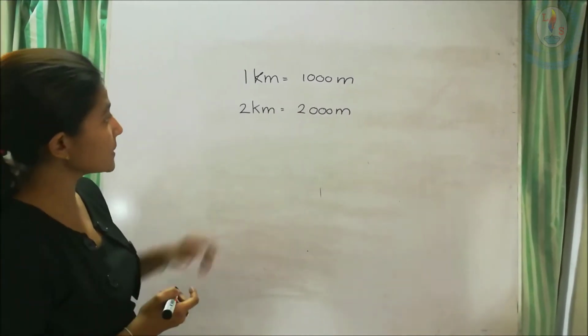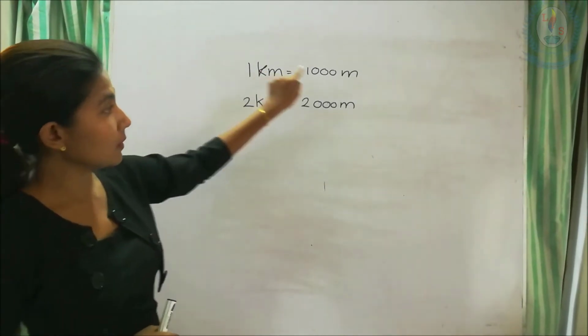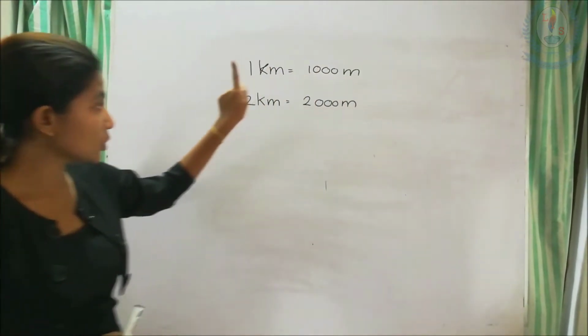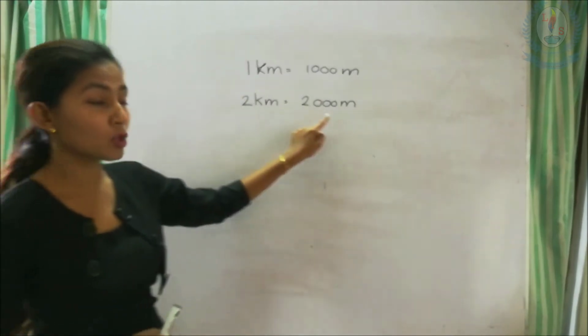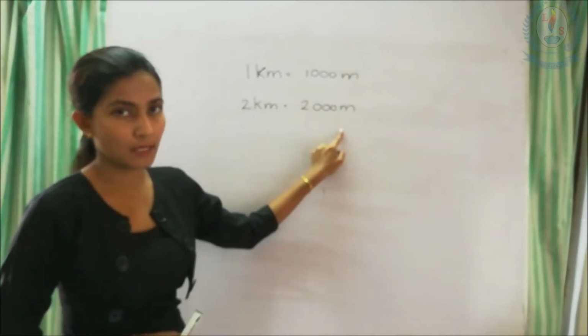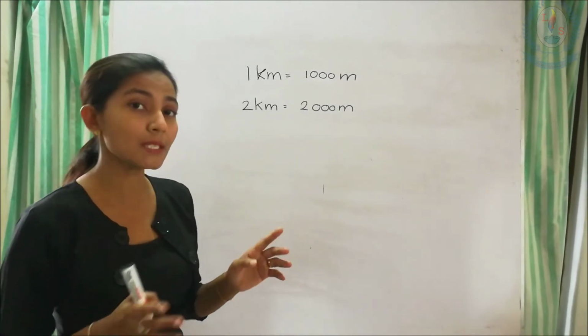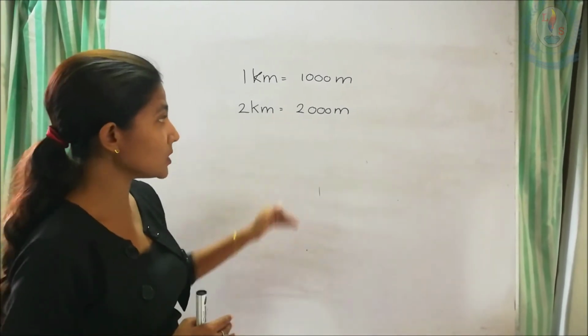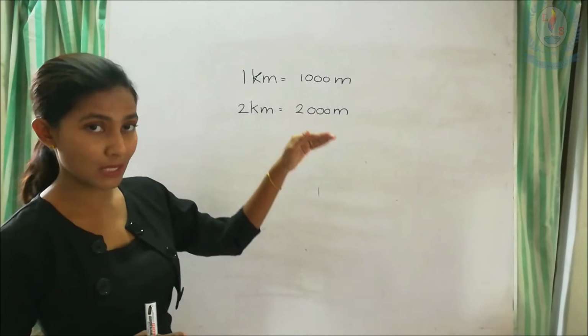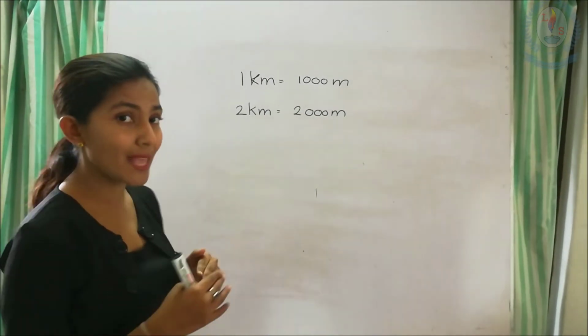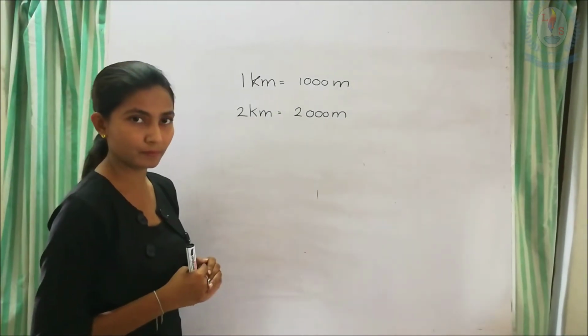Can you see this? 1 kilometer, 1000 meters. 2 kilometers, 2000 meters. Now there is a pattern like we did with meters and centimeters. Here also, kilometers and meters. You can see there is a pattern.